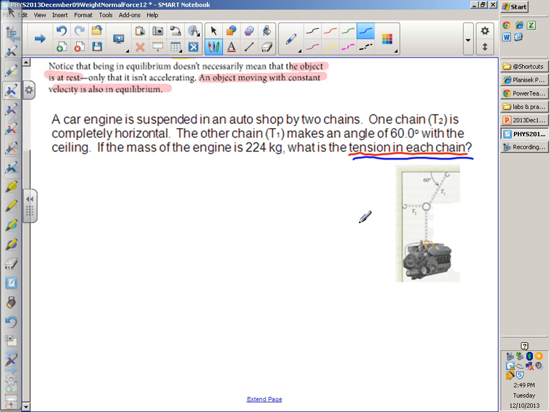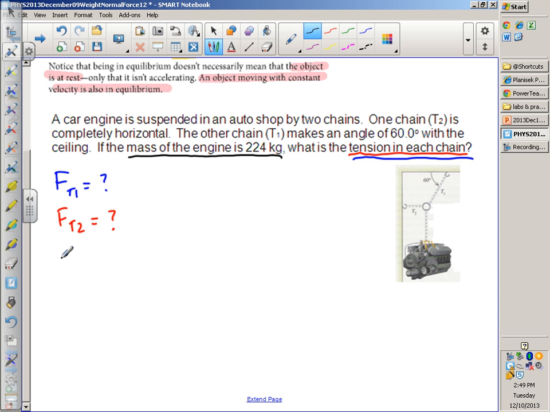Tension is just a fancy word for force. All right? It's force that comes from a string or a chain or a rope or something like that. Okay? So, two unknowns in this problem. We want the force of T1, but then also the force of T2. Okay? Things we know.